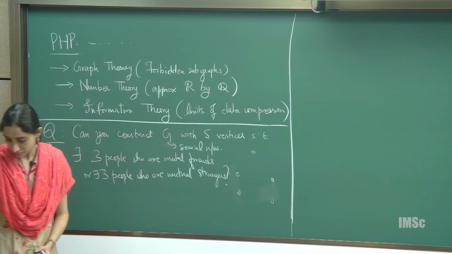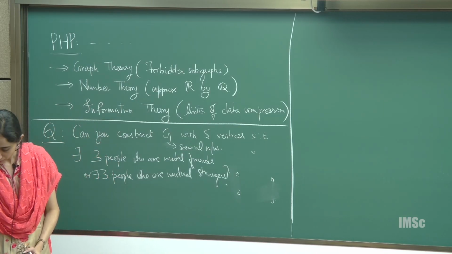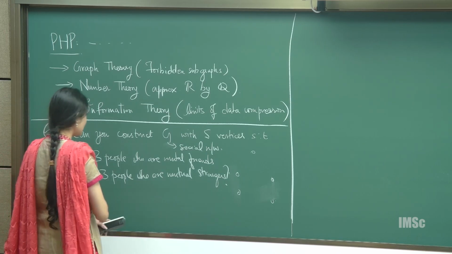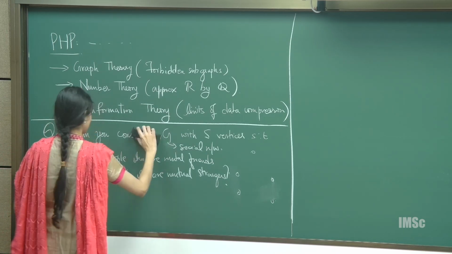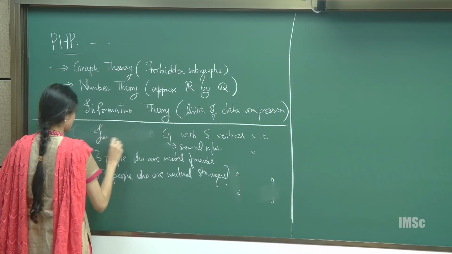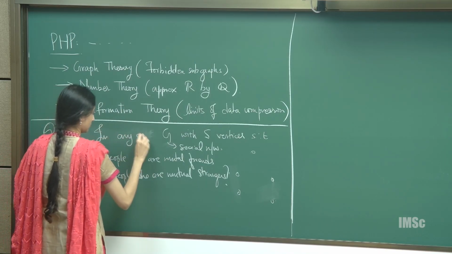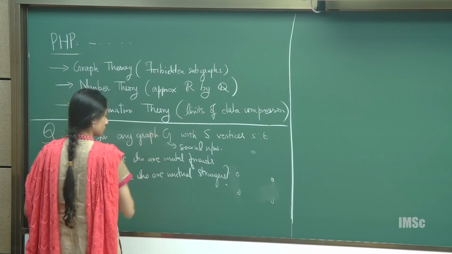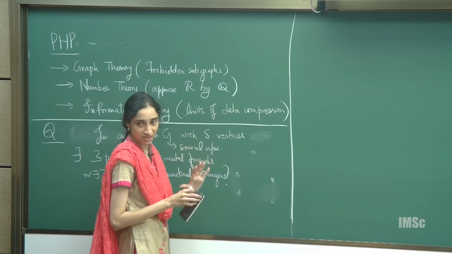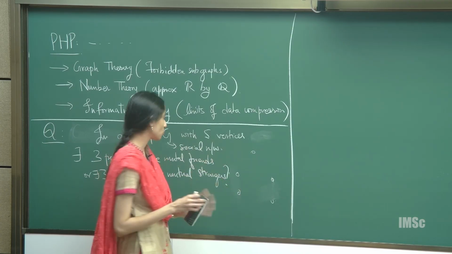Is that okay? I think that's what I wanted to ask. Maybe I should change. Okay, so let me change the question a bit. I'm changing the question. You can just put a triangle, and the rest of them don't know each other.